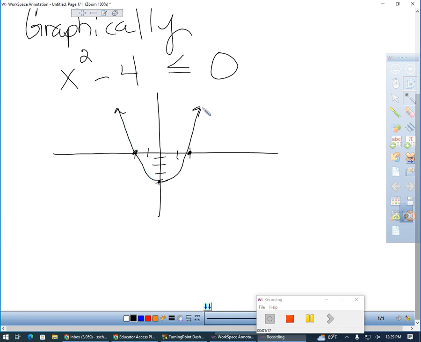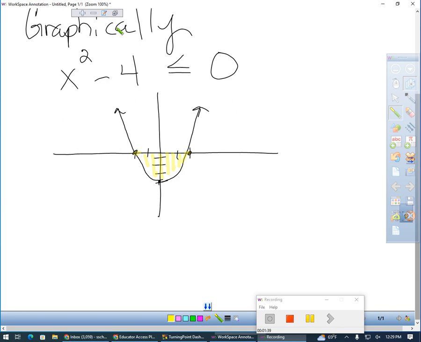All right. Now, looking at this picture, if I wanted to know where it was greater than, or less than, or even equal to, it is where it crosses, right? If it is less than 0, it is where it's below the x-axis.